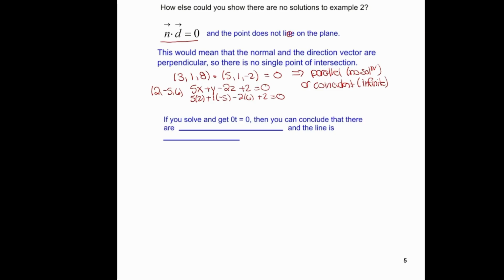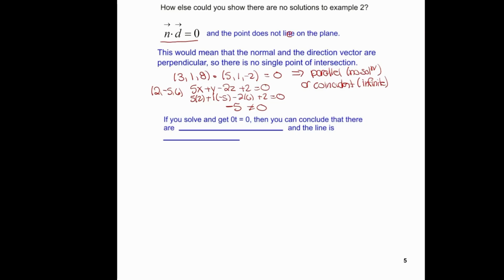Our left side is equal to negative 5, and negative 5 does not equal the right side, which is 0. So the point does not fit on the plane. The normal and the direction vector are perpendicular, but the point is not on the plane. That tells us that there has to be no solution.